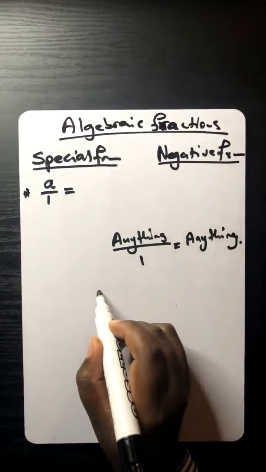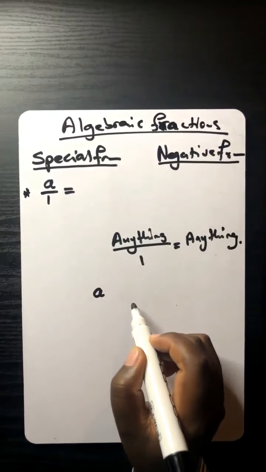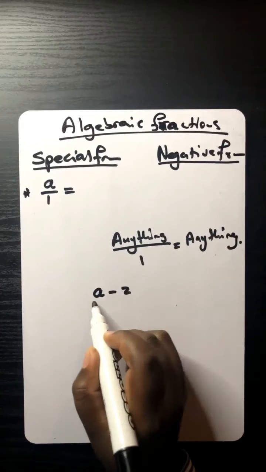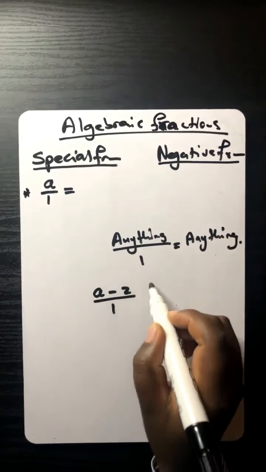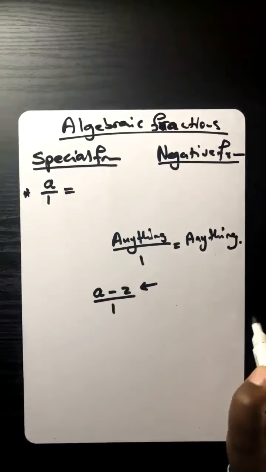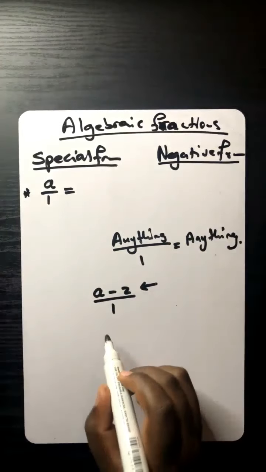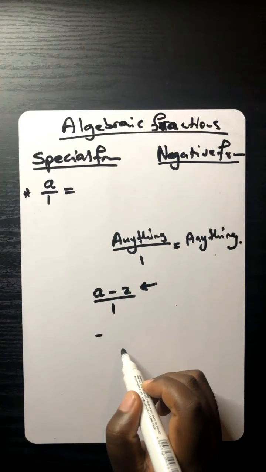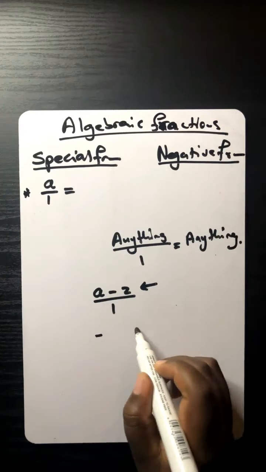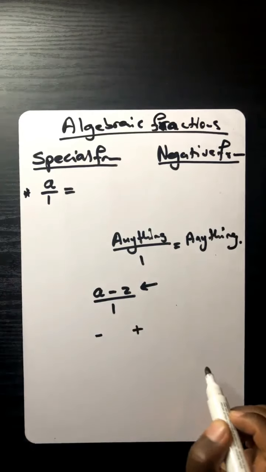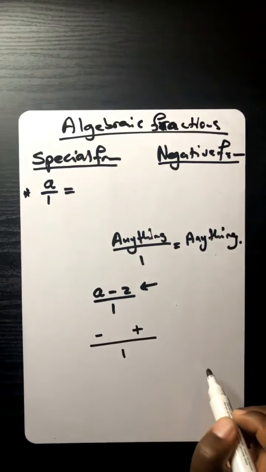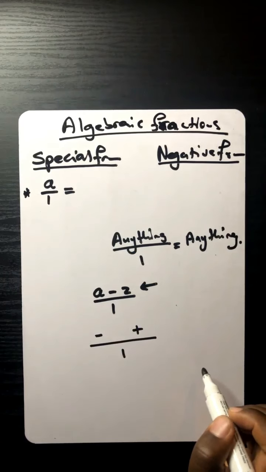Anything could be a letter, any letter from A up to Z. For as long as you divide by 1, it's that letter. So anything includes any negative number, and again a positive number. For as long as you divide it by 1, it is the same as that number.